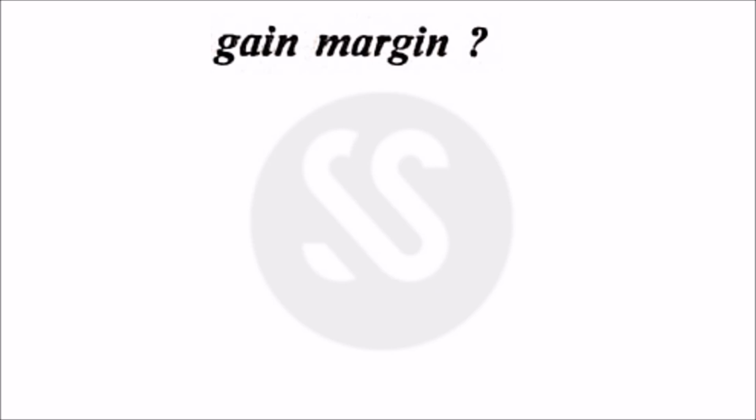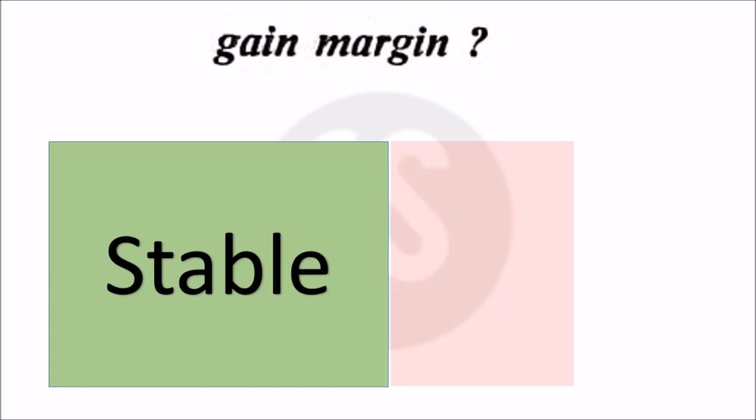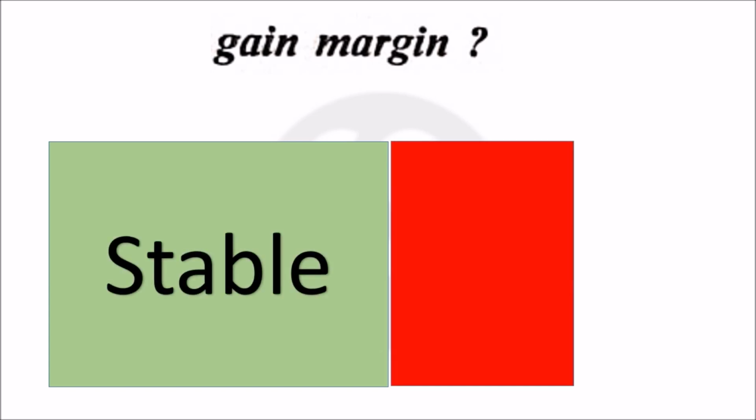Before studying gain margin, we should know what margins are. Let's say this is the area where my system is stable at each and every point. And we have another area in red, which is the unstable region. The white line between these two is the margin line. Let's say my company head asks me to design a system to the left of the blue line.